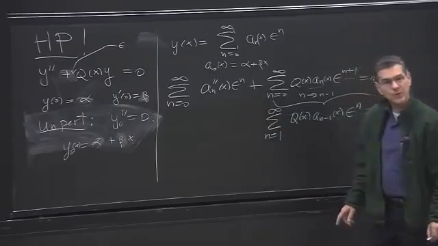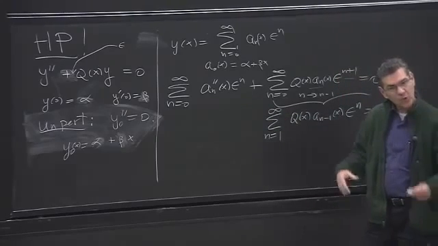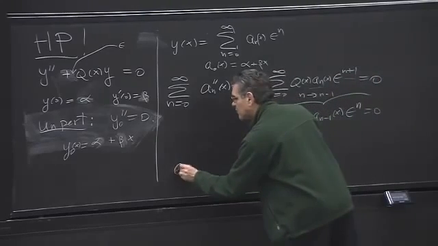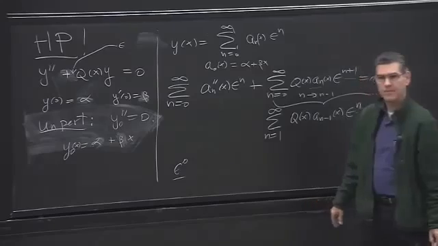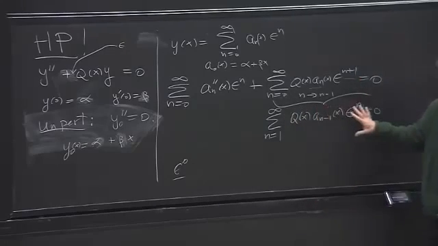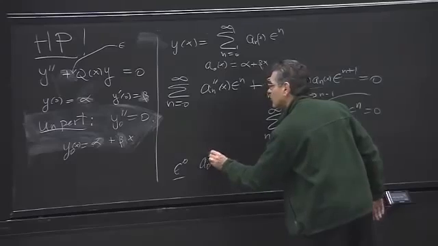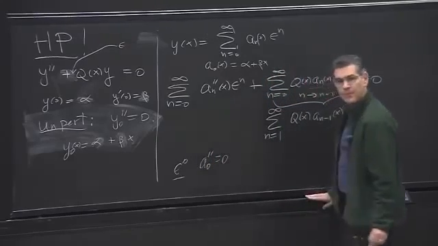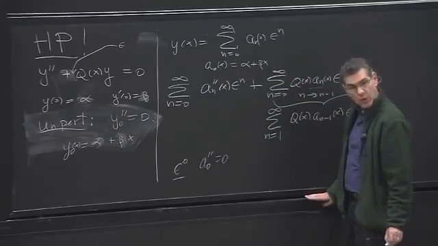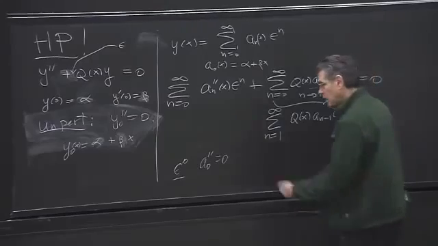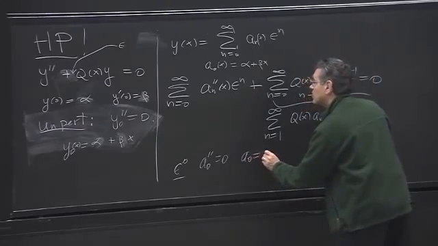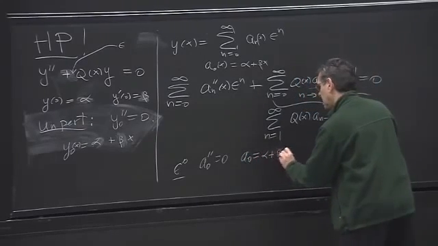And now we compare powers of epsilon. What is the coefficient of epsilon to the 0? There's no epsilon to the 0 here. That is just a0 prime prime is equal to 0. And we've already solved that equation. We know that a0 is equal to alpha plus beta x.